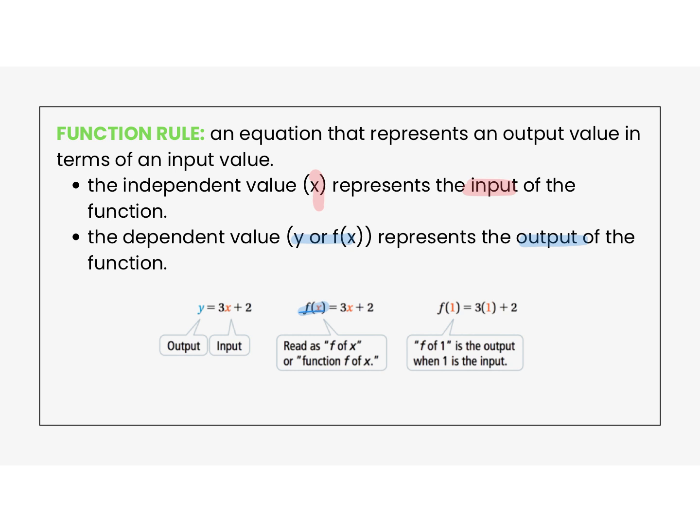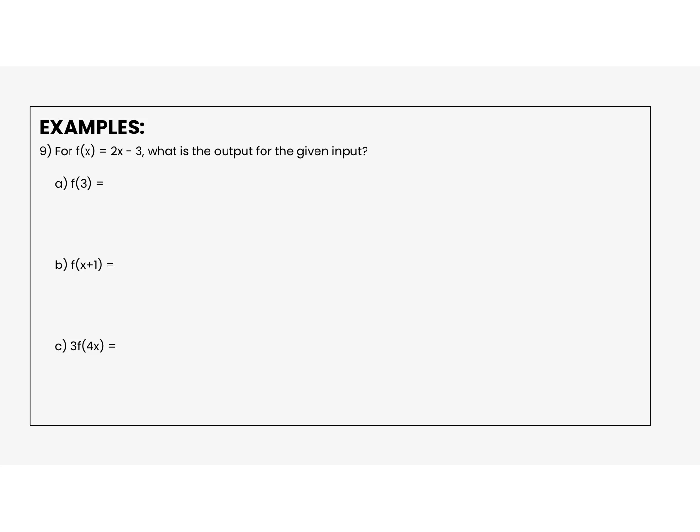And so then if we look at this last example, when I see f of 1, that means I plug in a 1 where that x would have been. So to evaluate, to figure out what's the output for the given input, we're taking this value inside there. That is our input.